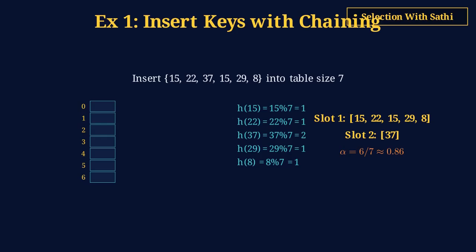So slot 1 has a chain of 5 elements: 15, 22, 15, 29, 8. Slot 2 has just 37. The load factor is 6 over 7, approximately 0.86.